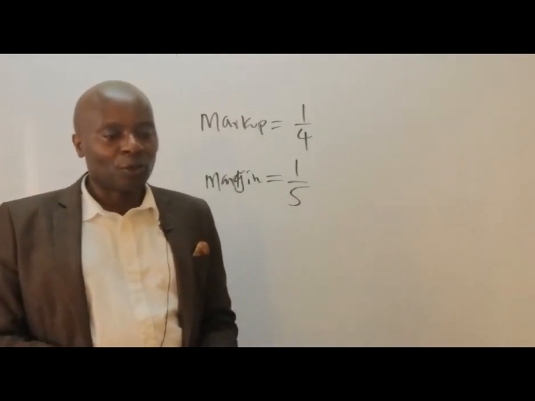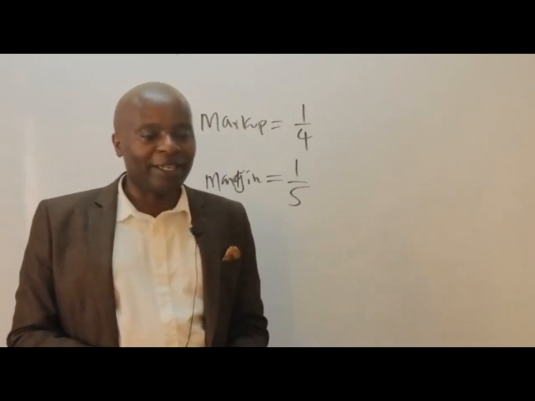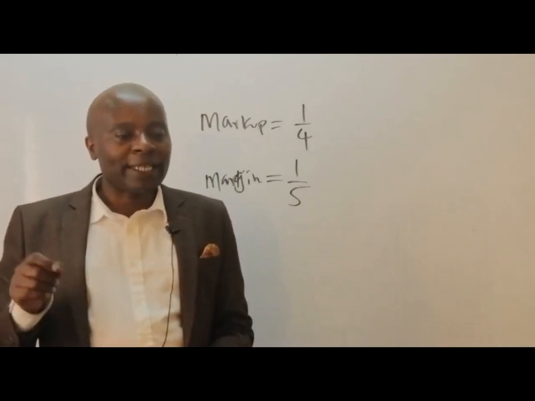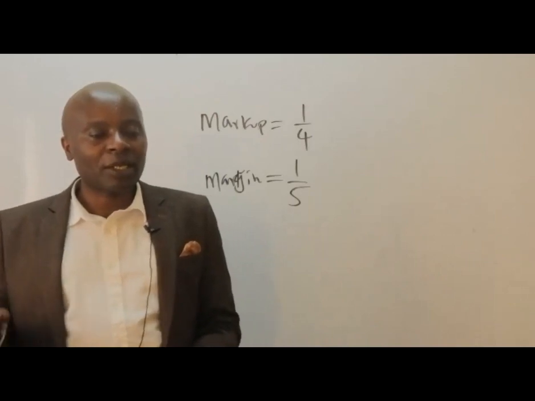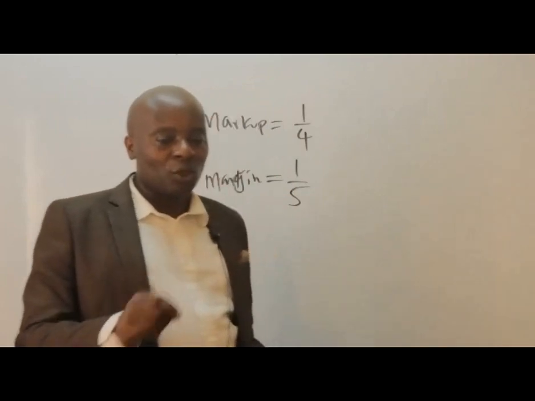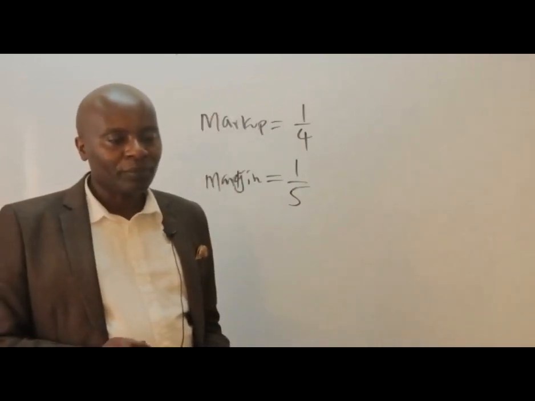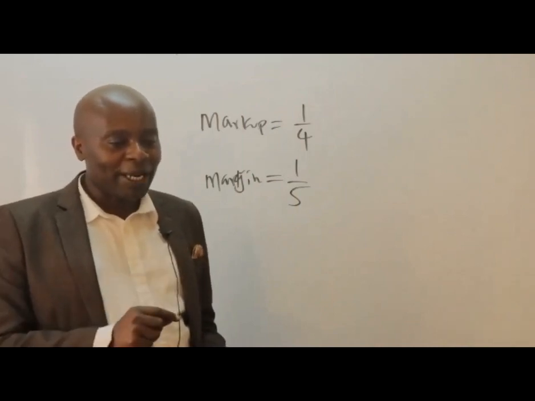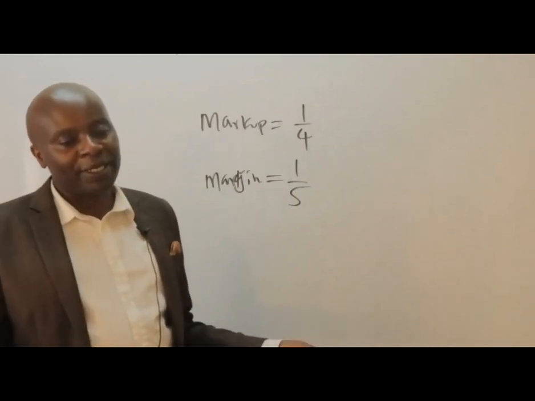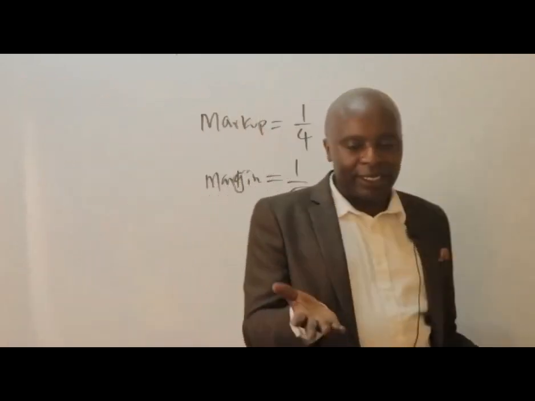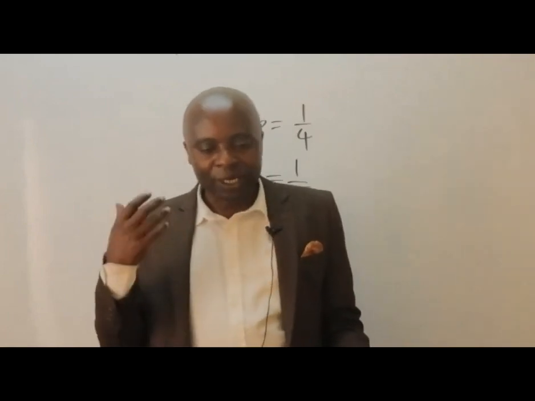Fortunately, all of us did the management accounting section 2 paper. If markup is 1/4, add 1 to the denominator. I can't even teach it better than what that lady is telling me. She has already nailed it down.